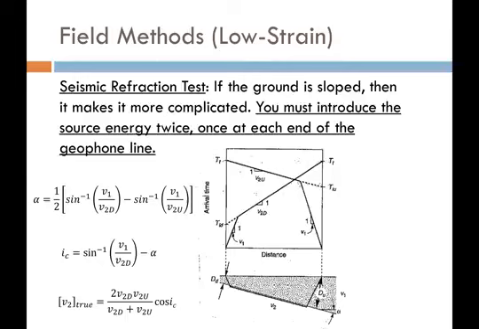But then once we get the critical incident angle, we can solve for the true propagation velocity in the lower layer by using this equation right here. And that'll give us some pretty useful information. By the way, this alpha angle here is equal to the boundary inclination. So that's the angle of the boundary between layer 1 and layer 2.